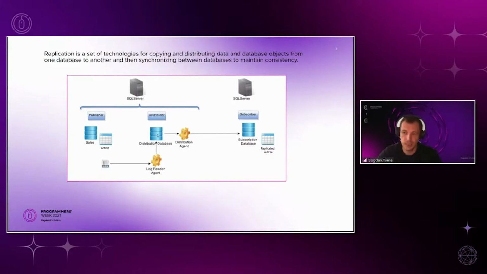The distribution database then, based on the information from the log reader, knows which subscriber must be populated with this data. It sends the data to the distribution agent, which will replicate it on the subscriber side. Now, the subscriber side can be used, for example, for reporting, while the main server takes care of the day-to-day business of your application.